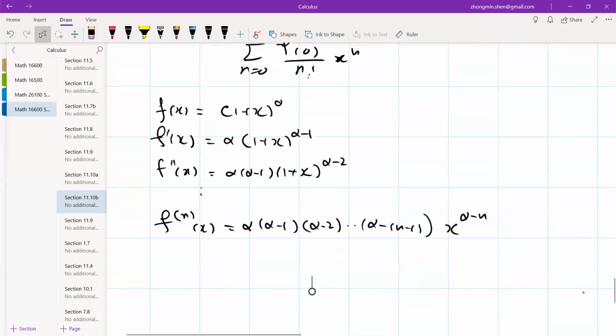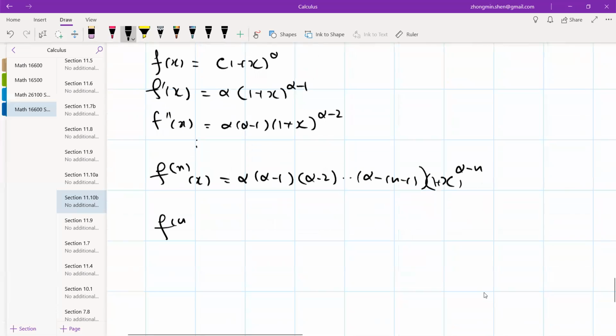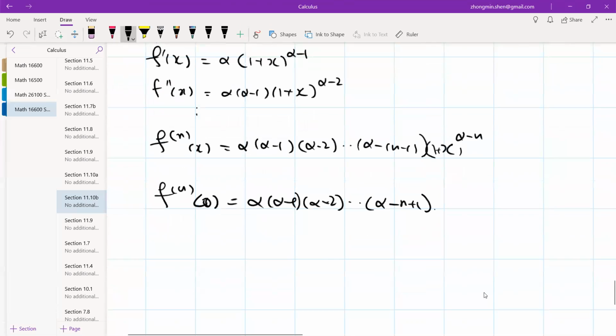Now this number, I'm going to introduce notation here. You can evaluate at 0.